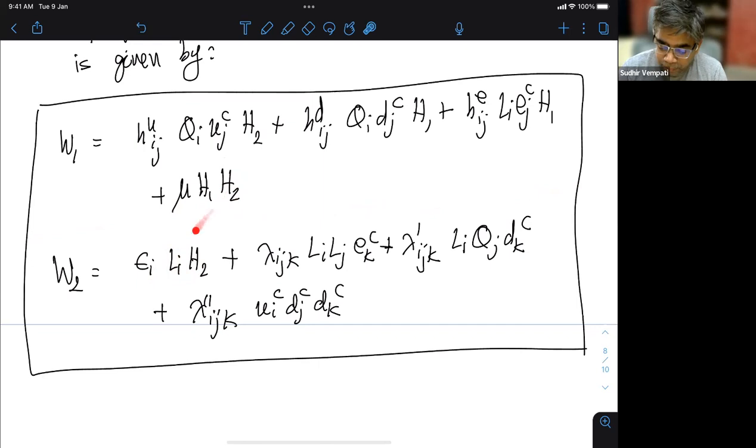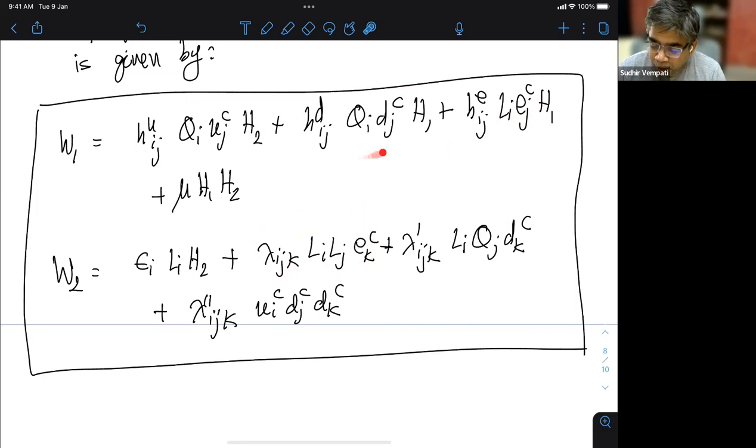Wherever there is an H1, I put L1, and for the He term I can put again LLE. This is Li H1; again I replace it as Li Lj EkC. So the leptonic Yukawa coupling becomes another lepton number violating coupling.